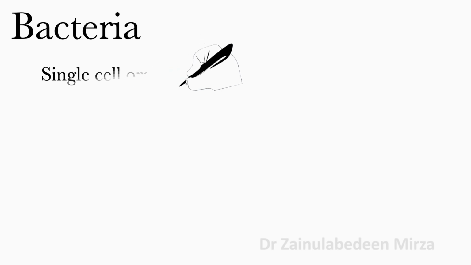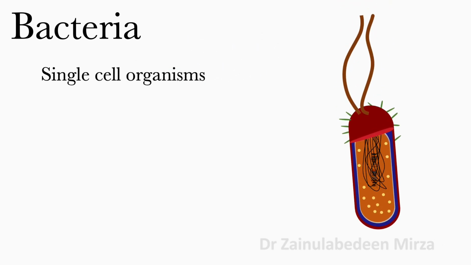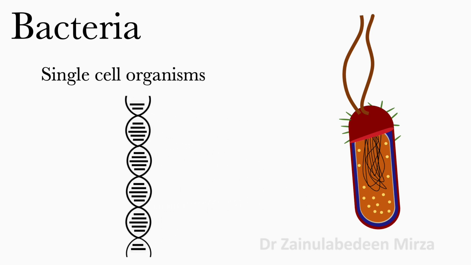Bacteria are single-cell organisms with a simple cell structure, and some bacteria have plasmids. The plasmids contain genes that give bacteria some properties, like resistance to antibiotics.